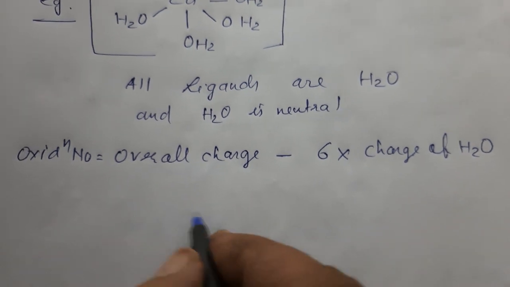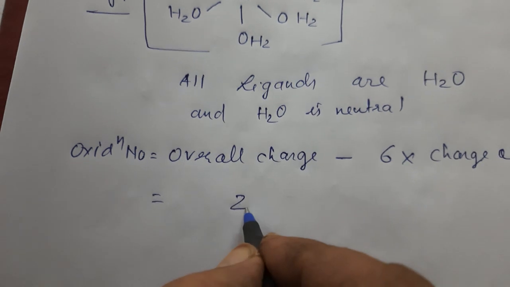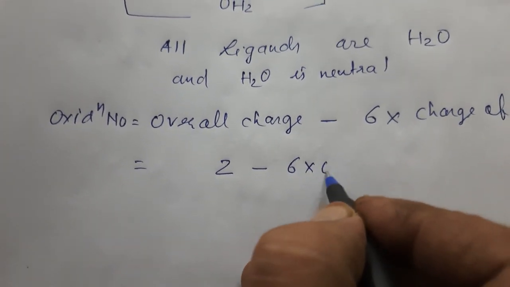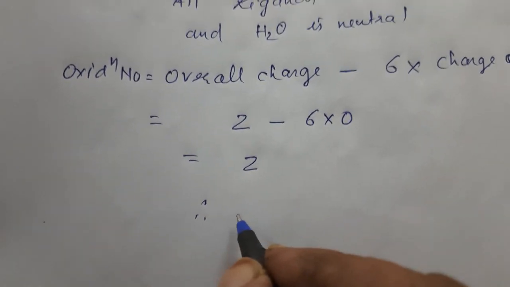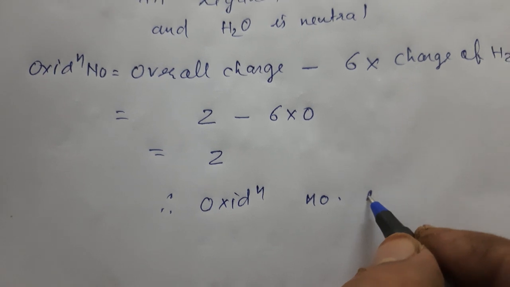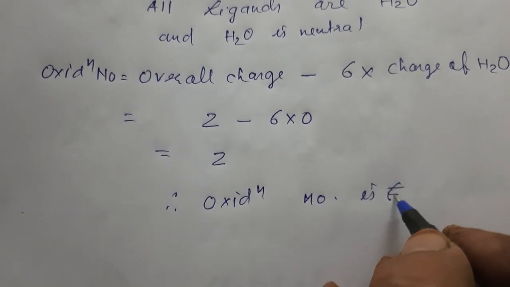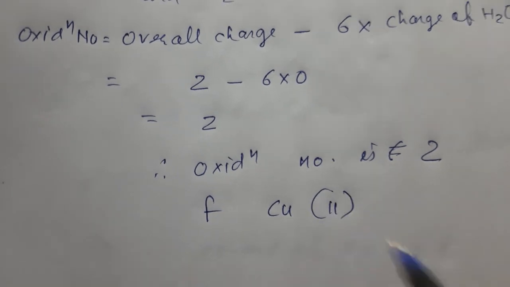What is the overall charge? 2. So 2 minus 6 into 0, that is 2. Therefore oxidation number is 2, and it will be written as copper 2.